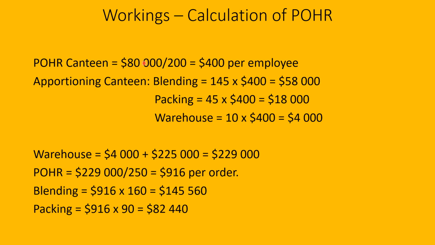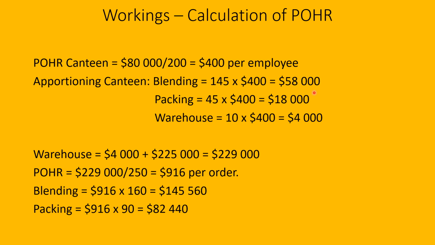We take the total overhead for the canteen and we divide it by the number of employees because that is the base we are using, and we'll get 400 per employee. Now, when we apportion the canteen first, we take the number of employees from canteen and multiply it by the 400 per employee.